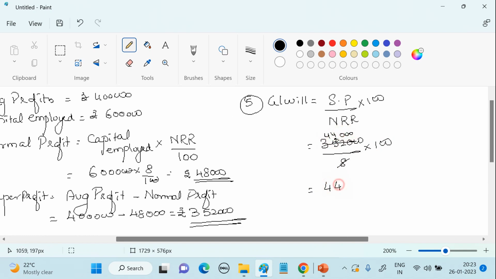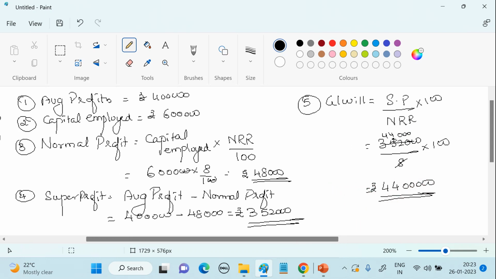So it is going to be 44 lakhs is the amount of goodwill. So this is how we ascertain goodwill using capitalization of super profit method. Any doubts?